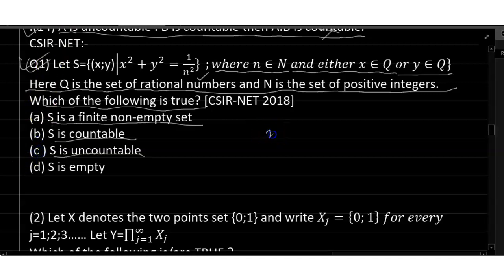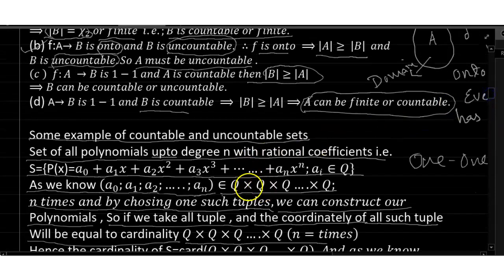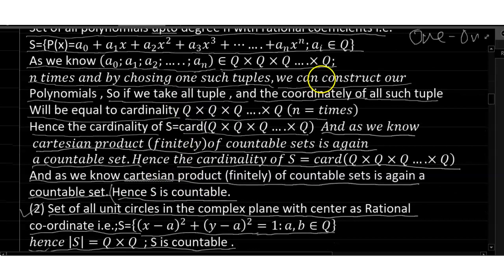Now you see that x belongs to Q and y belongs to Q. So the problem is Q cross Q, and I have already told you here that Q cross Q is countable. Finite multiplication: I have already told that N cross N is countable, so similarly Q cross Q is a countable set.